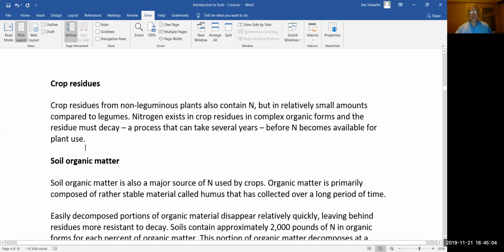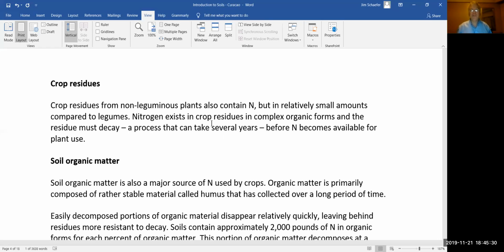Now, ideally, in your farm management system, you're not going to maintain a system whereby it takes several years to break down crop residues. If it takes several years to break down your crop residues, I would suggest to you that you're not managing your soils properly.